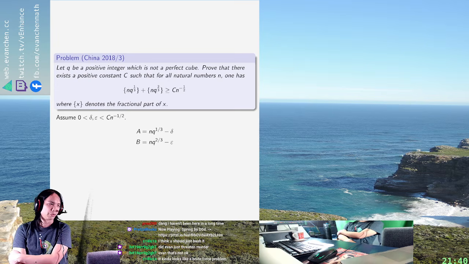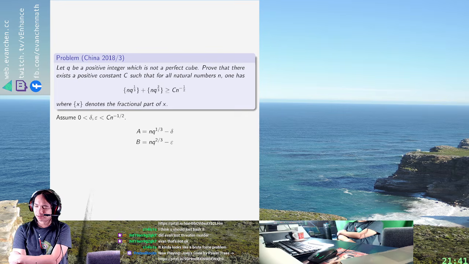What if I cube both sides? Does that do anything, or is that just totally hopeless? I think that's just not good enough, though. I guess if I cube both sides, I get an n squared delta, or n delta squared, which will actually get small.